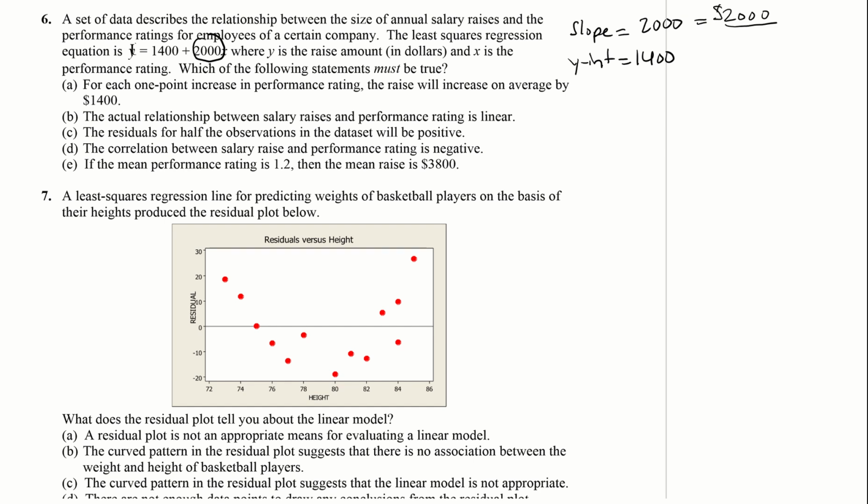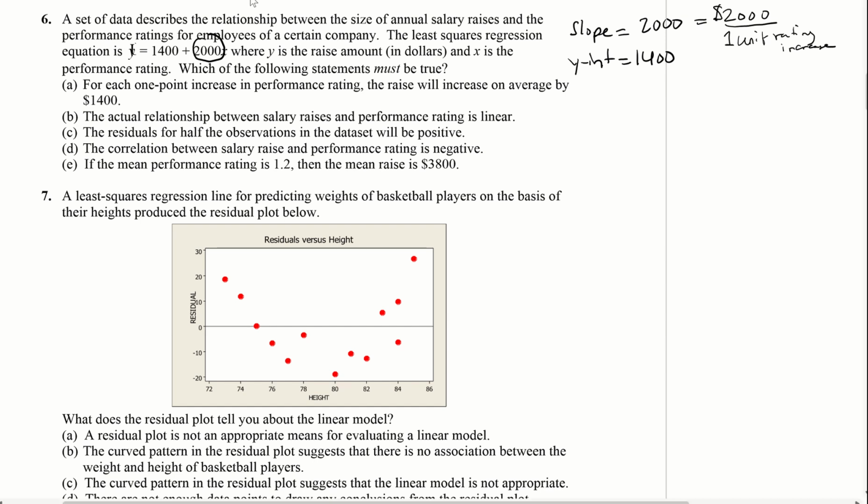So this is going to be $2,000, a raise of $2,000 for every 1 unit increase in the rating. Okay, so for every 1 unit rating, there's going to be an extra $2,000, for every 1 point increase in the performance rating.